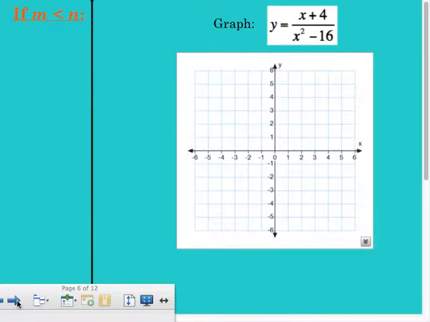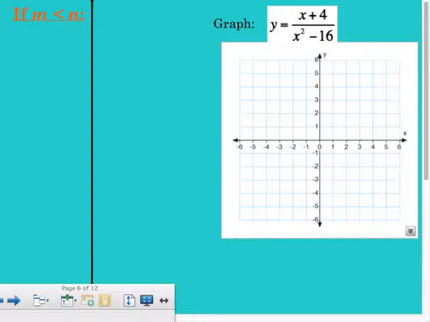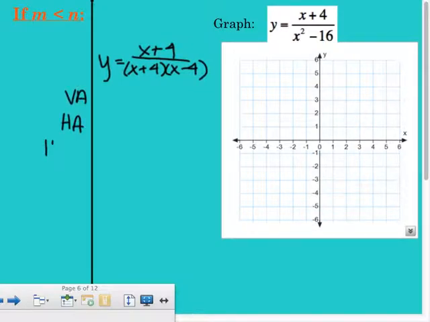Let's try another one. x + 4 over x squared minus 16. Again, we're going to factor. So that factors into x + 4 over (x + 4)(x - 4). List your 5 characteristics.